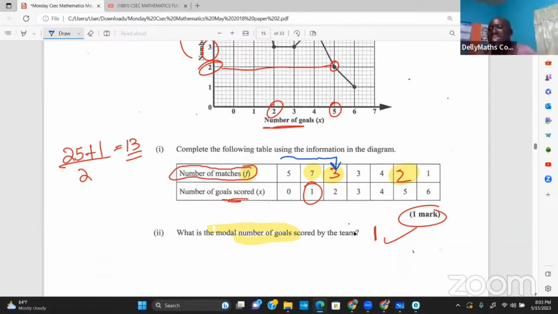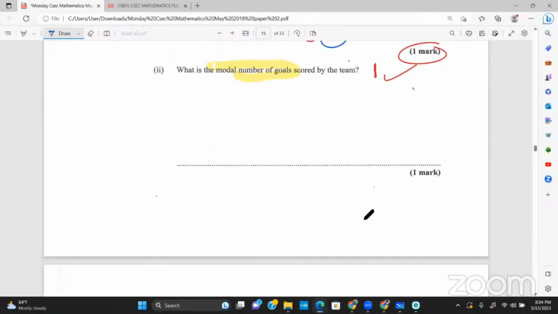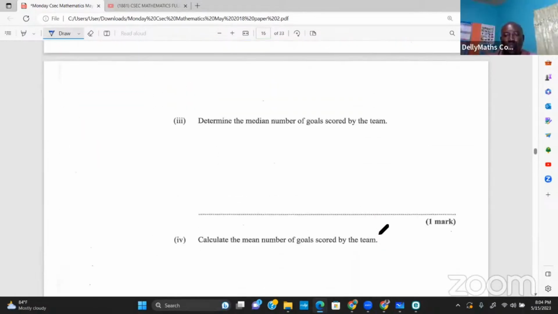But we're not going to pick the answer yet. You're going to have to go the other direction. 1 plus 2, that's 3. Plus 4, that's 7. Plus 3, that's 10. And by the time you add this, you reach the same place. So the answer is 2. Remember now, we know the frequency is not the answer. The frequency will help you to locate the 2, the number of goals scored. Very good. So the answer is 2.